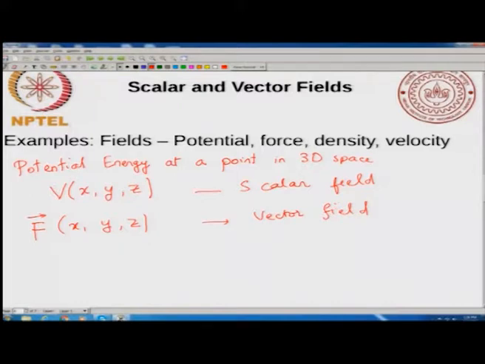Now, one very common example that you learn in statistical mechanics is you might consider a box. You might consider a system where you have lot of particles. Let us say it might be a fluid system, or it might be a system of gases. So, you have lot of particles, okay, and the density is not same everywhere. So, the density rho is a function of x, y, z.